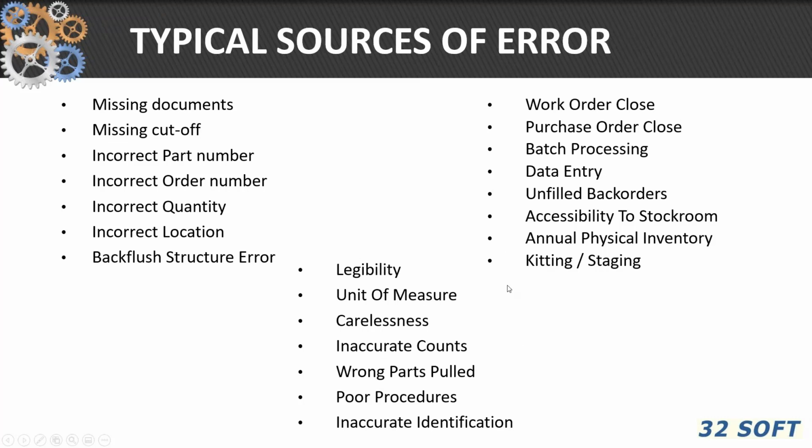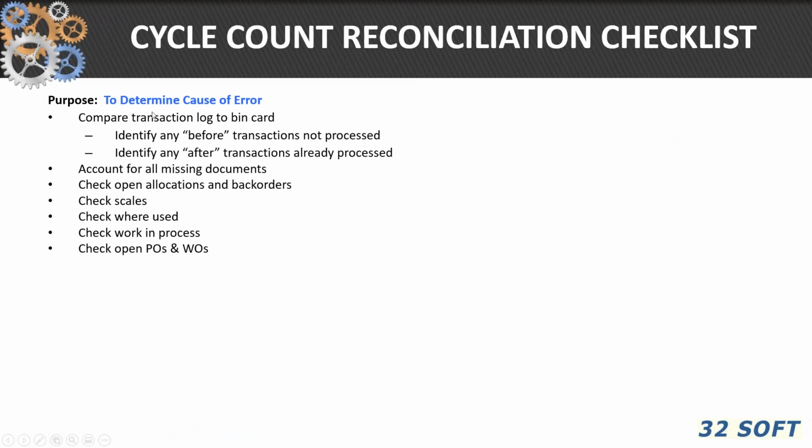So you need to have some methodology of identifying those. A lot of companies use either the remarks field or reason codes to identify the reasons for cycle count errors, so that you can do that analysis or that Pareto of why things are in error and go out and correct them. This is just a simple checklist.